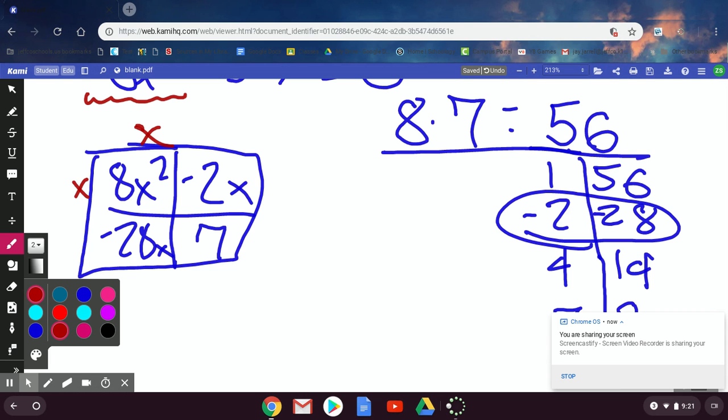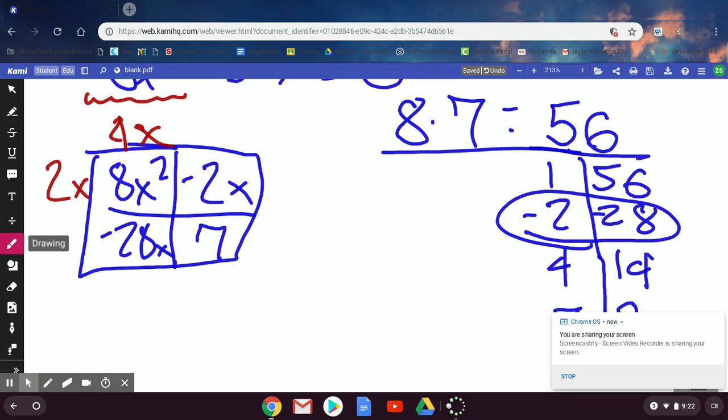And 4 goes well with these two evenly, so it's 4x. And we know that this is going to be a 2 because 2 times 4 is 8. And 4 times something goes into 28. And that is negative 7.